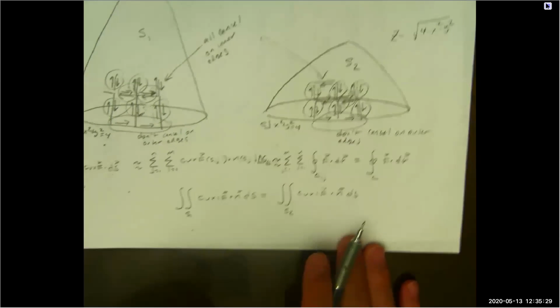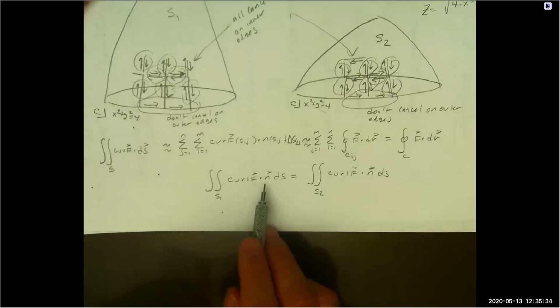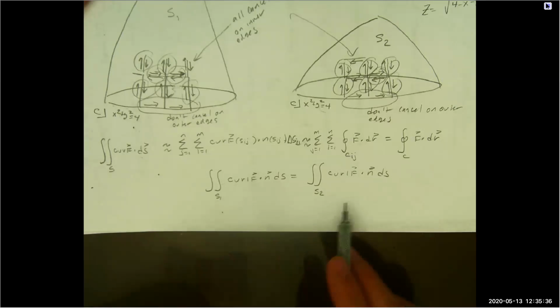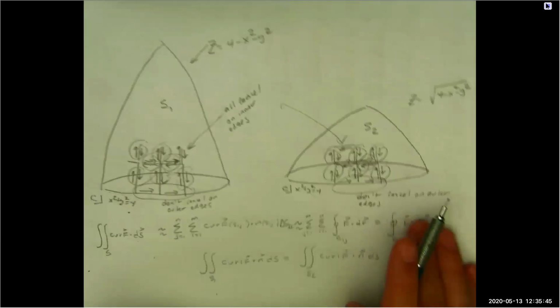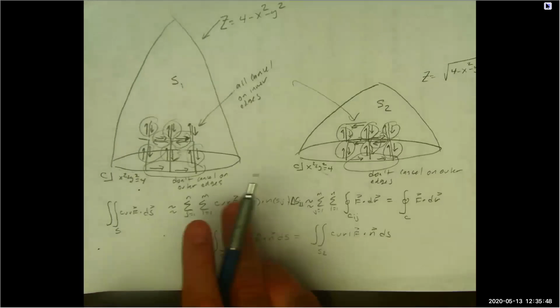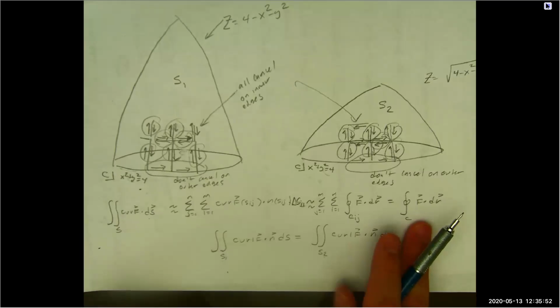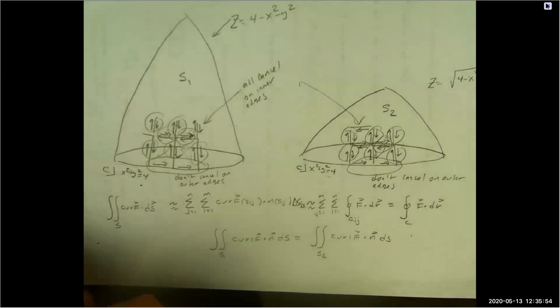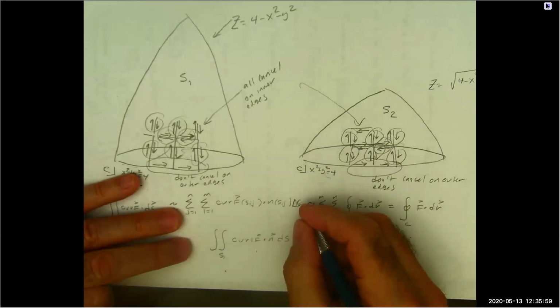And so for that reason, the curl of F dot n dS over S1 is going to be exactly the same as the curl of F dot n over S2, even though the surfaces look vastly different, because their boundary curves are the same. And so therefore, both of them are equal to this line integral. And so they're going to have the same value. This was Sij.